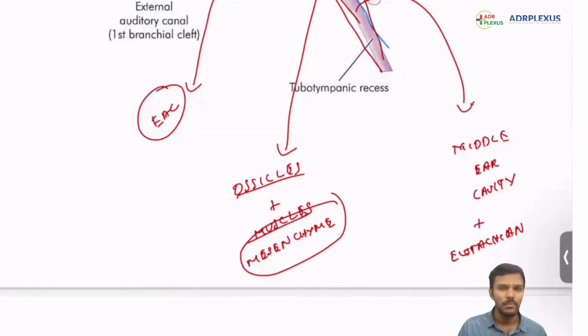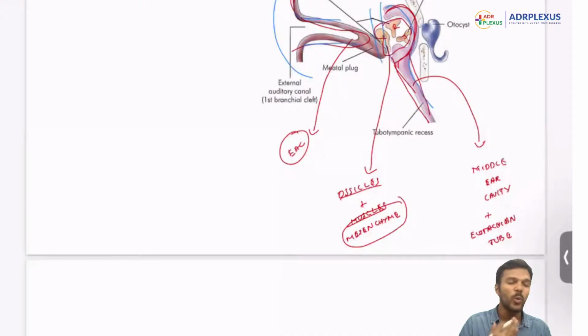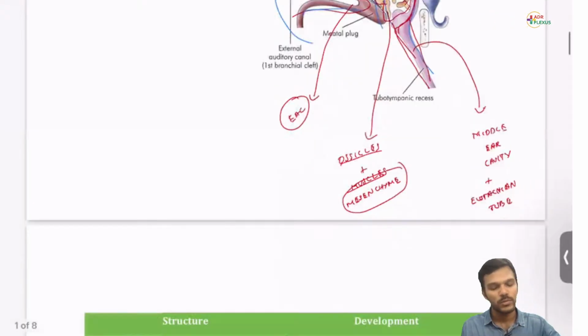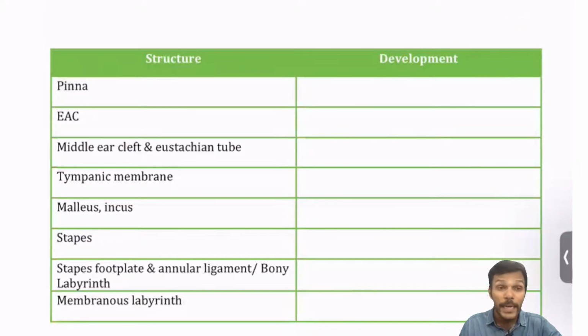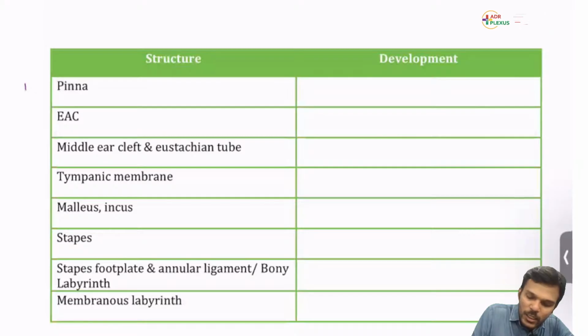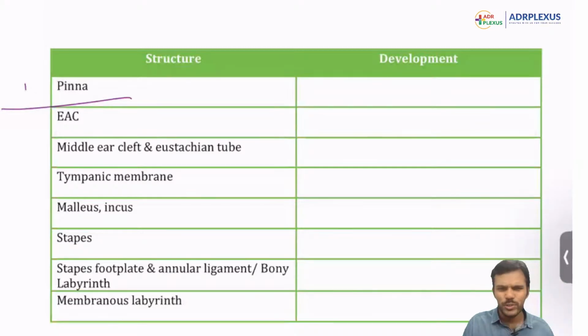All right. Now, let us summarize all the important things, and also let me make it clear what the recent changes in this embryology are. So, have the workbook. If you don't have a workbook, please look into this particular table over here. Pinna, just leave away pinna, it's the outermost structure.